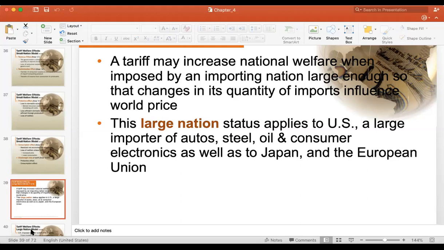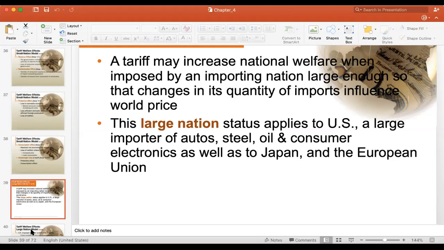Now, obviously, every tariff imposed will lead to economic inefficiency. Economic inefficiency is defined by deadweight loss. So every tariff will have a deadweight loss. You can't escape deadweight loss from imposing a tariff.